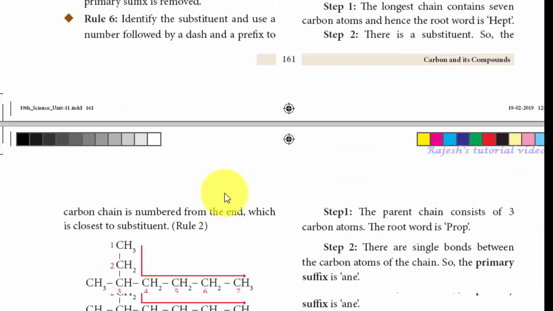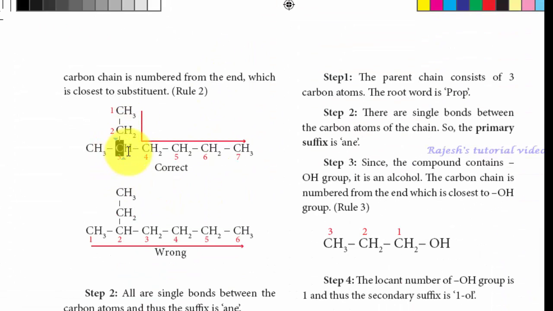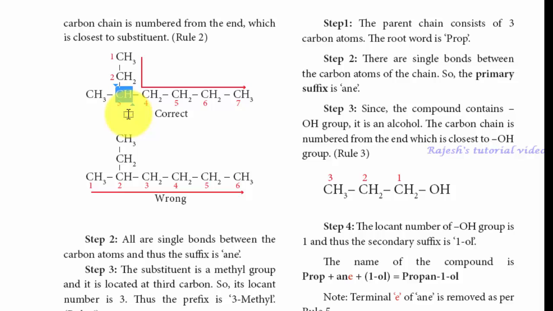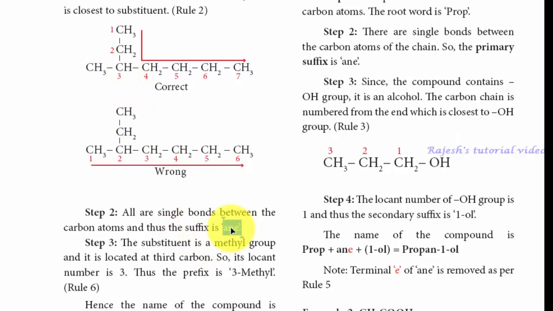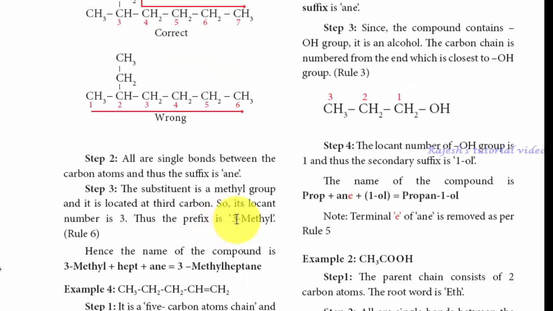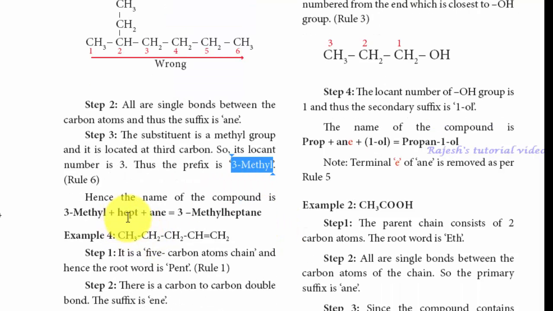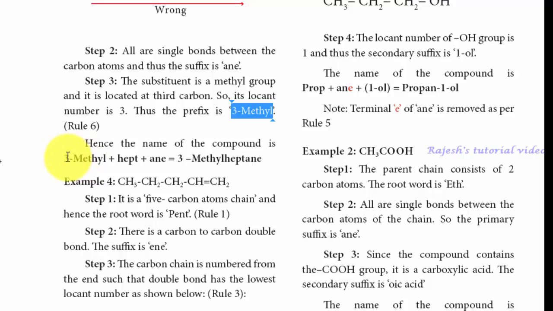The carbon atoms are connected by single bonds, so the suffix is ane, and the substituent methyl group is attached to the third carbon. So the prefix is 3-methyl. The name of the compound is 3-methyl plus hept plus ane.